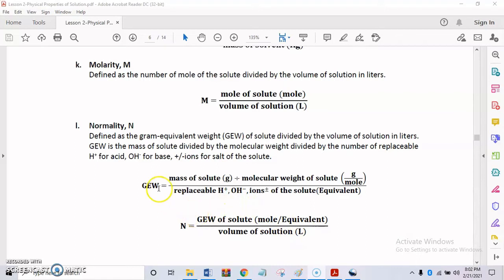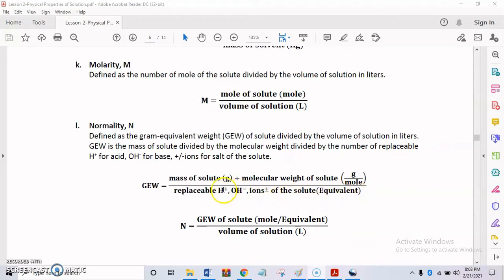To get the gram equivalent weight, it equals the mass of the solute in grams divided by the molecular weight of solute, which is in grams per mole, all over the replaceable hydrogen ion, the hydroxide ion, and the ions of the solute equivalent.